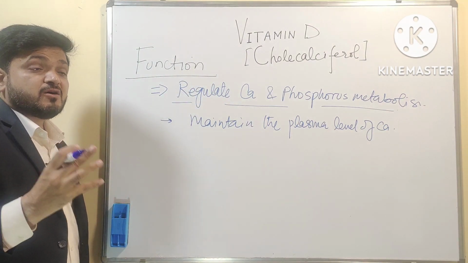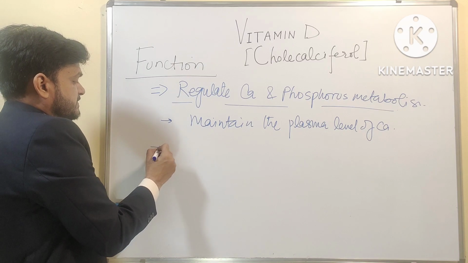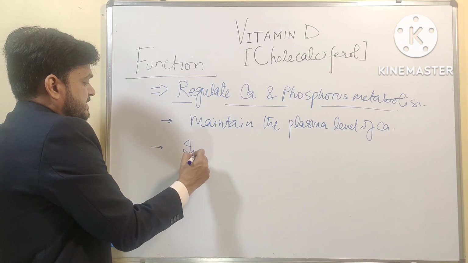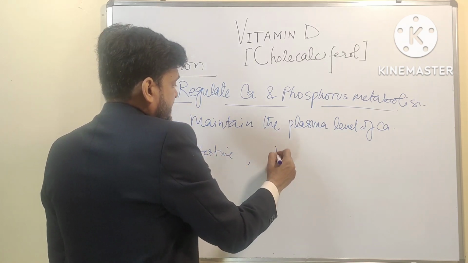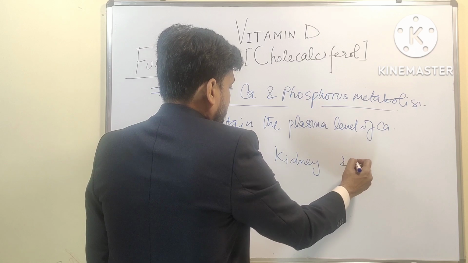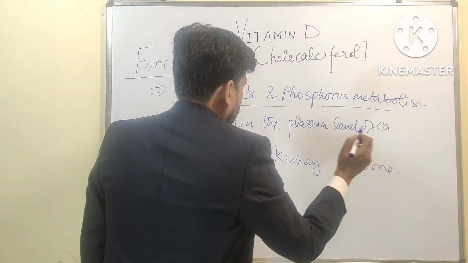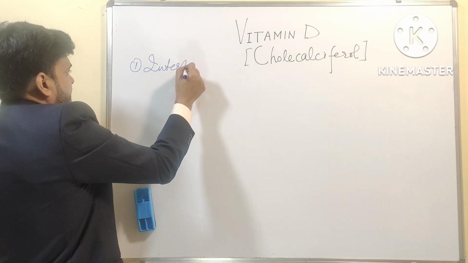So how is that metabolism done? It involves three important organs, that is intestine, kidney and bone. First is the intestine.